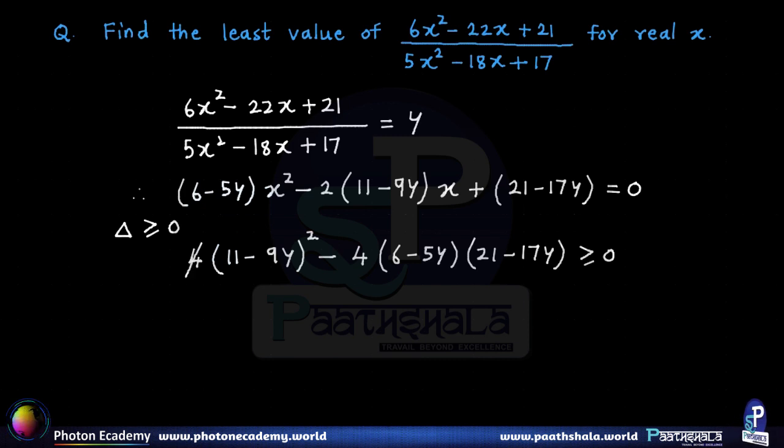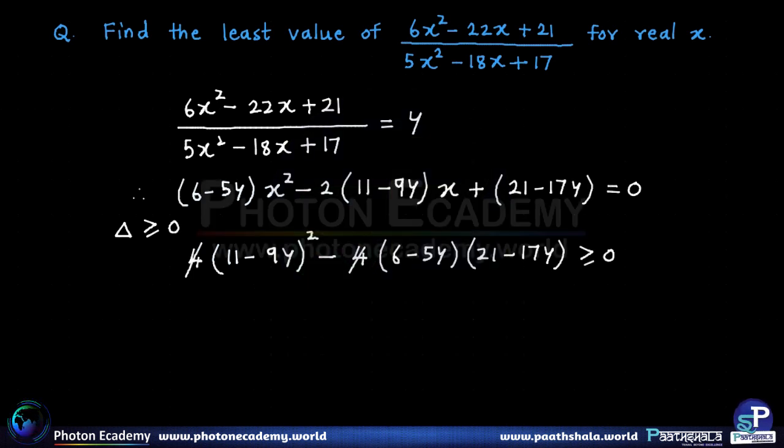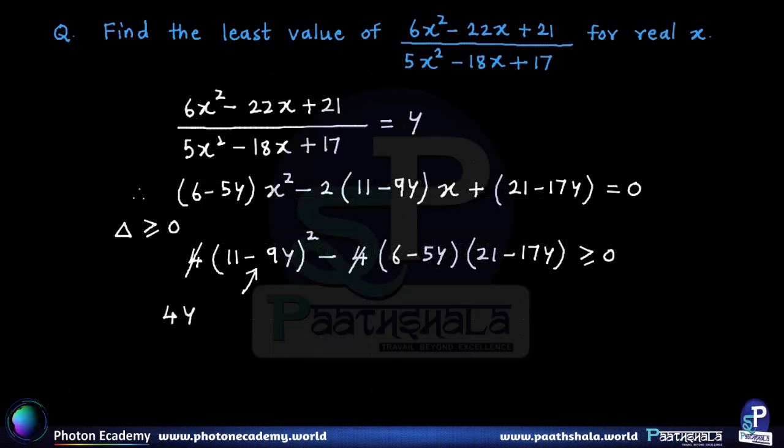Now we can definitely cancel out the factor of 4 and then we'll have to expand this particular square, collect all the like terms, and then finally we will have the quadratic inequality in y as 4y square minus 9y plus 5 less than or equal to 0.